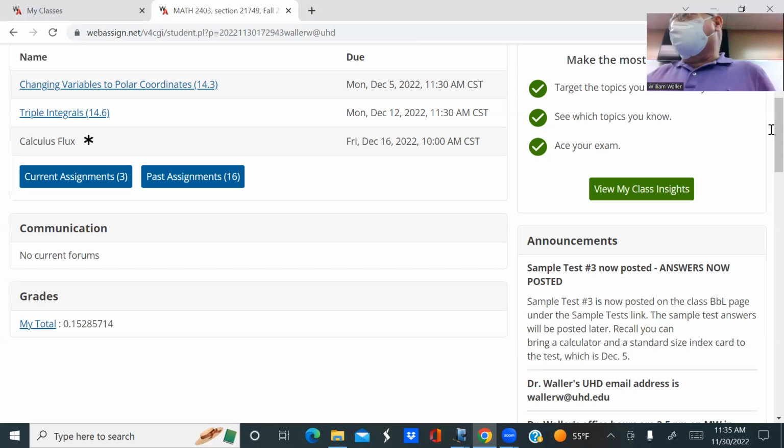So I will say more about spending your flux dollars also. That's easy to do: you just fill out a sheet of paper and that's it. We'll talk about how you're going to communicate that to me on Monday, since we don't have class again after next Monday. Okay, I think I said all of the pertinent stuff there.